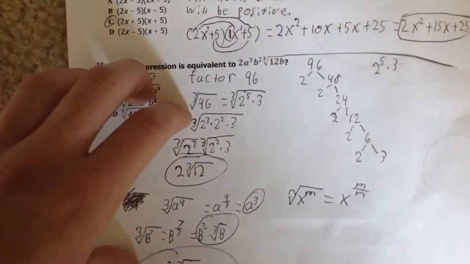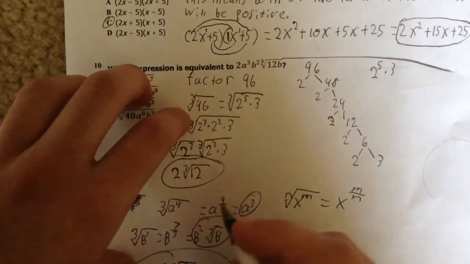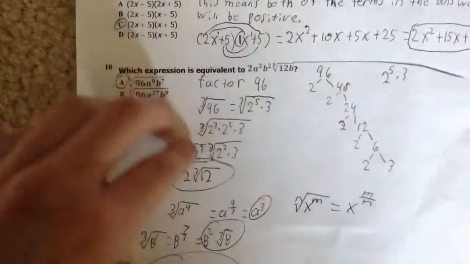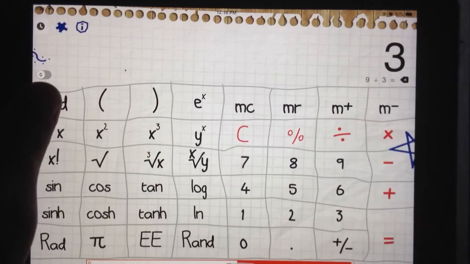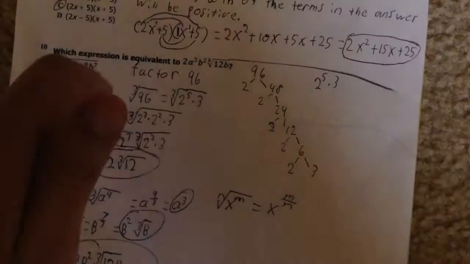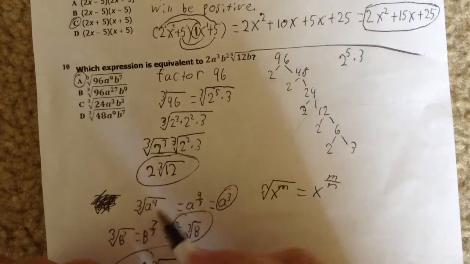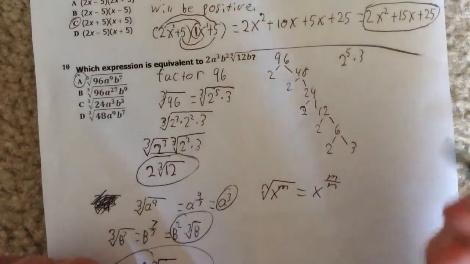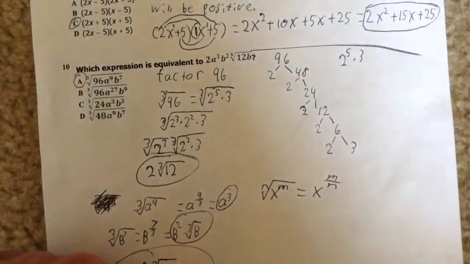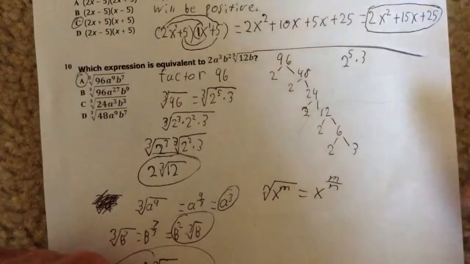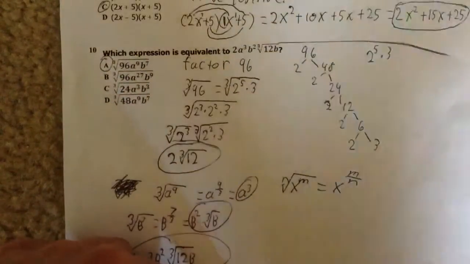So cube root of a to the power of 9 equals a to the power of 9 over 3. 9 divided by 3, you know this, equals 3. So the cube root of a to the power of 9 equals a cubed. I'm having trouble talking, but you know what it says. You can just read it.